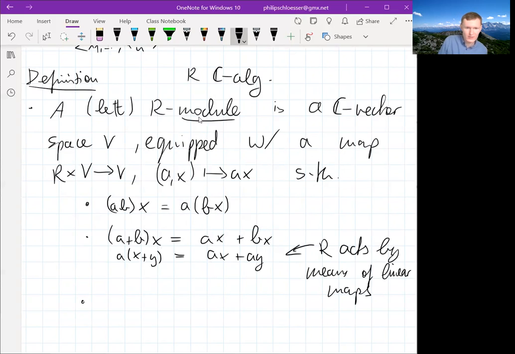And this is already starting to sound a bit like a representation, because you basically map R to End V, to the endomorphisms on V, which is exactly what a representation does. And thirdly, well, if we have a 1, then it acts trivially.